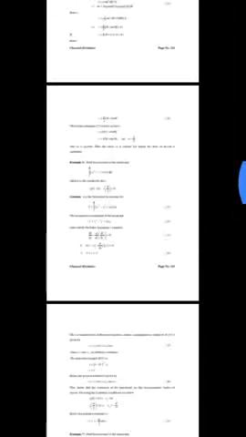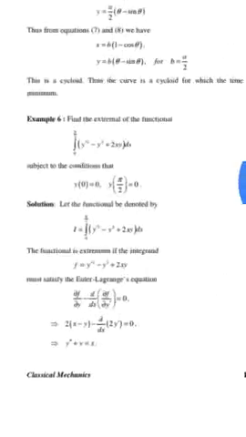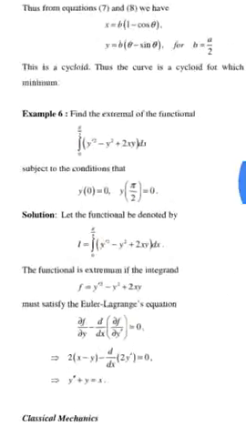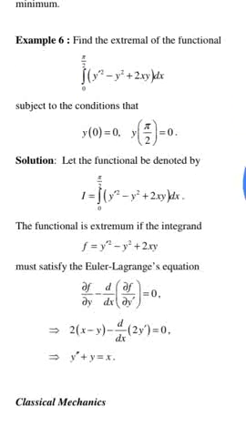Next problem, find the extremal of the functional integral from 0 to π/2 of (y'² − y² + 2xy) dx, subject to the condition y(0) is equal to 0 and y(π/2) is equal to 0.